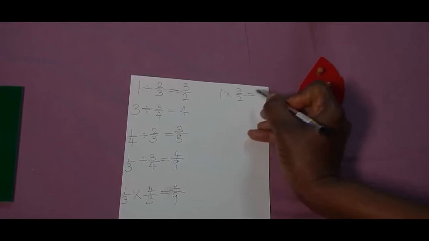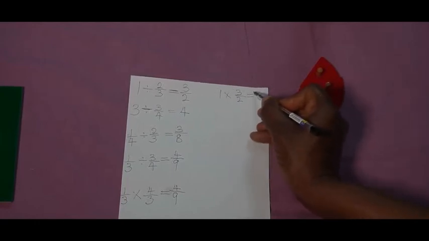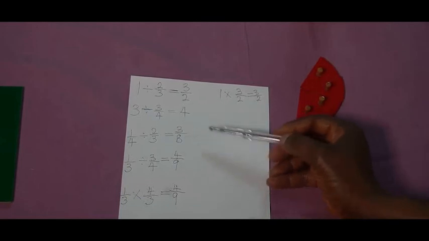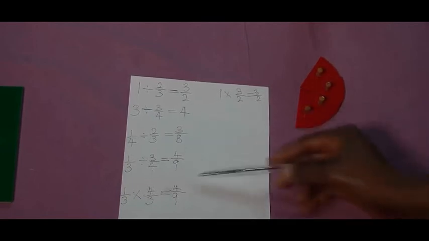And then what do I have? 3 halves, just as I had before. So you can go ahead and do the rest, apply the rule and do the rest. And anytime you have a division problem, you can write your own division problem and apply this rule.